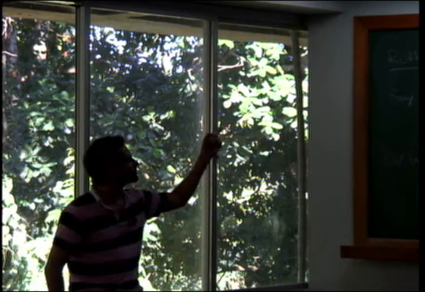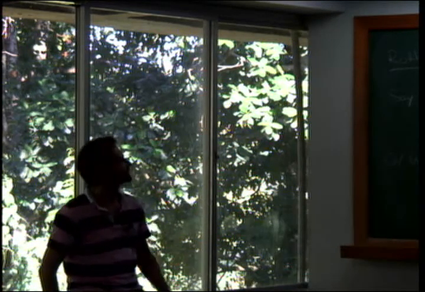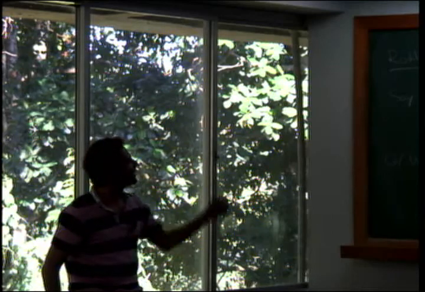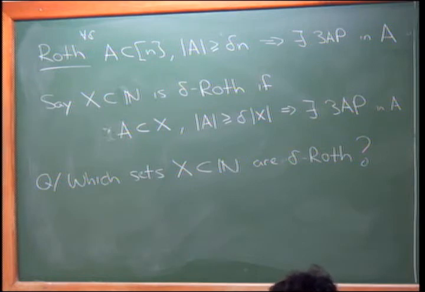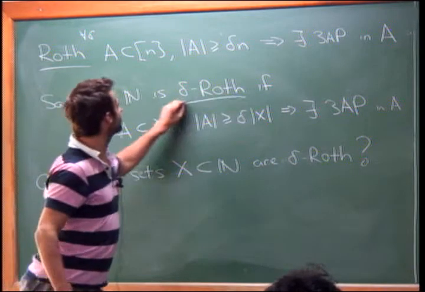Roth's theorem says that for every delta, if n is sufficiently large and A is a subset of 1 up to n with delta n elements, then it must contain a 3-term arithmetic progression. So we can make a definition for each delta.